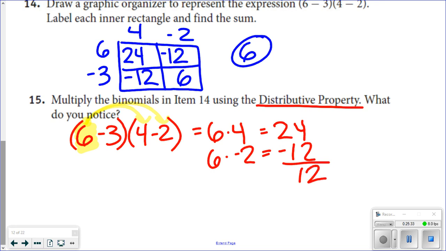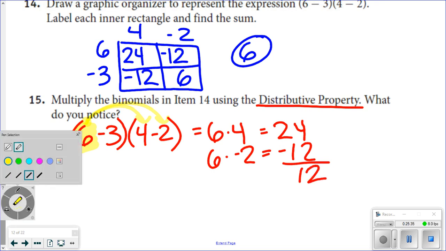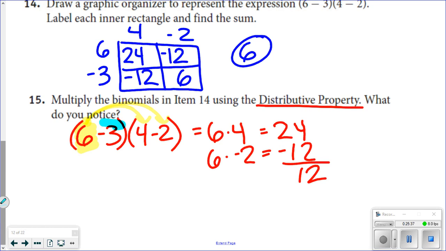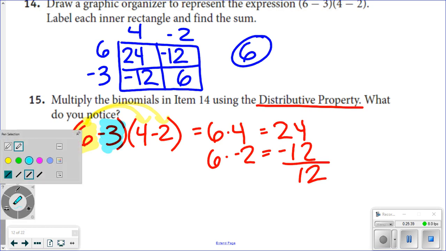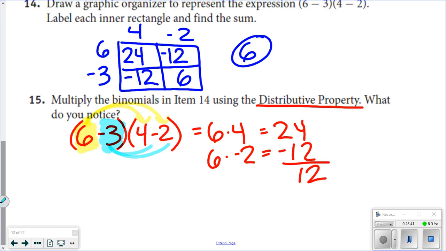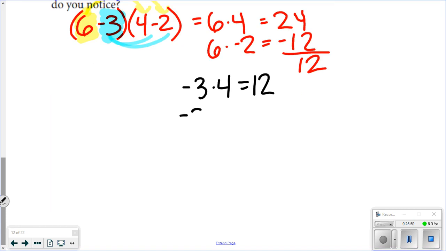Okay. Then what we'd also need to do is take this negative 3 and distribute it to the 4 and the 2. So negative 3 times 4 is negative 12. Negative 3 times negative 2 is 6.